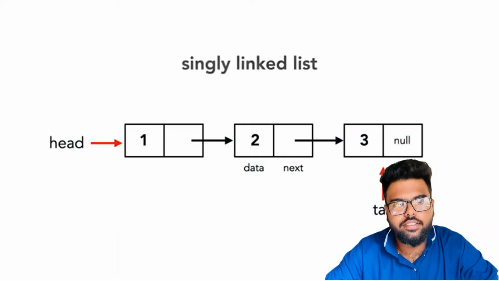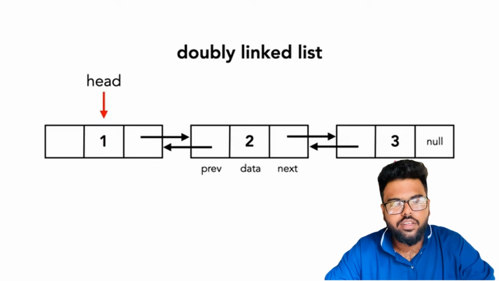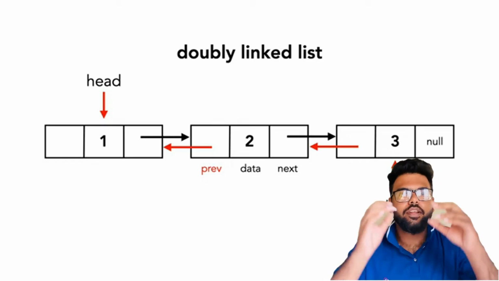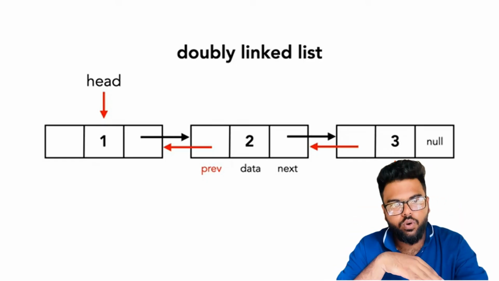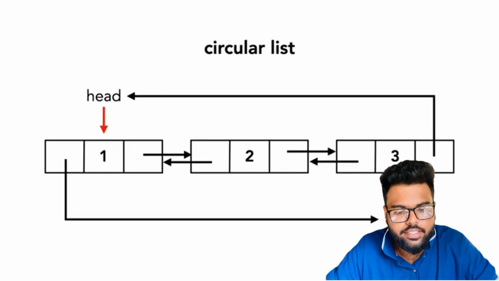Look at the singly linked list. A singly linked list works only forward, not backward. A doubly linked list can go both forward and backward. A doubly linked list can transfer data forward and backward. Now look at the circular linked list.